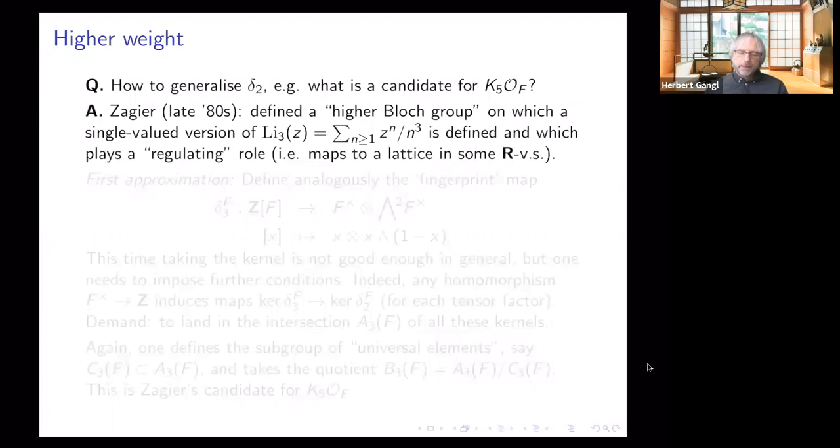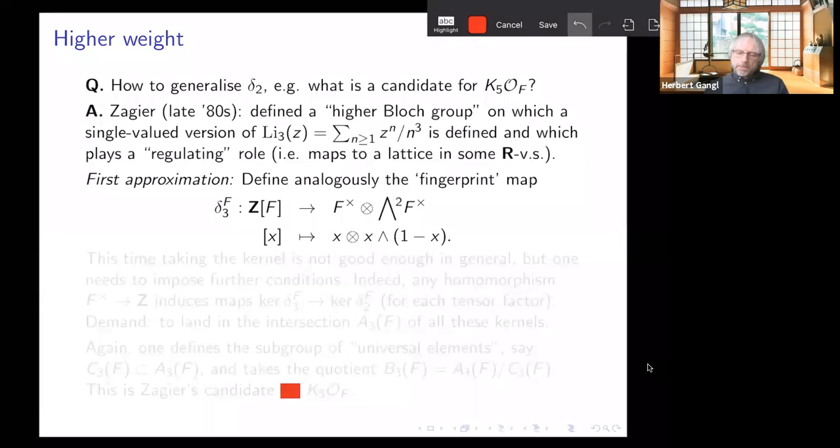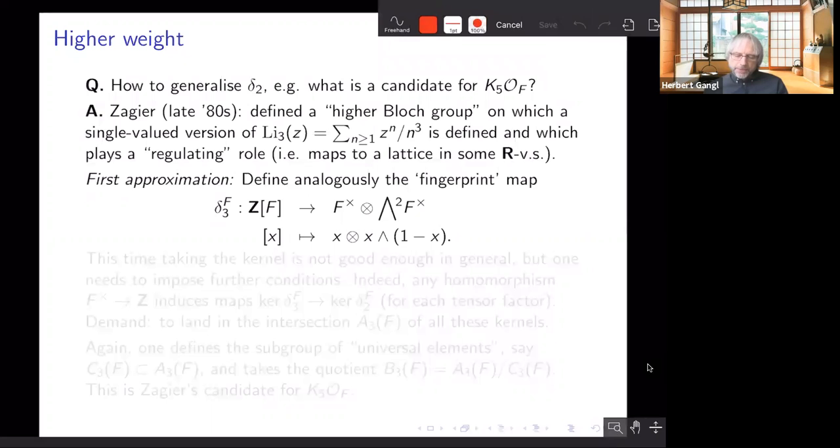And in the first approximation, he mimicked this fingerprint map from before that I attached, associated to a Bloch group, which was in a similar way already dealt with in algebraic K-theory before, I think. So he took the same x wedge 1 minus x from before, but extended by another tensor factor x, again taking a copy of F cross tensored with the original one.